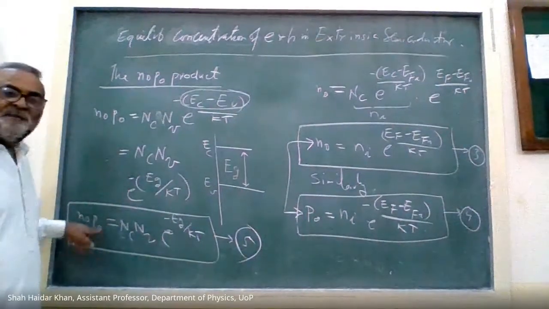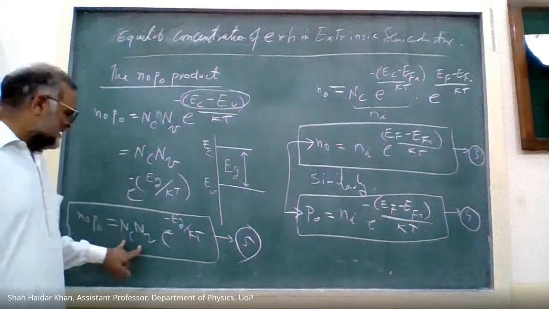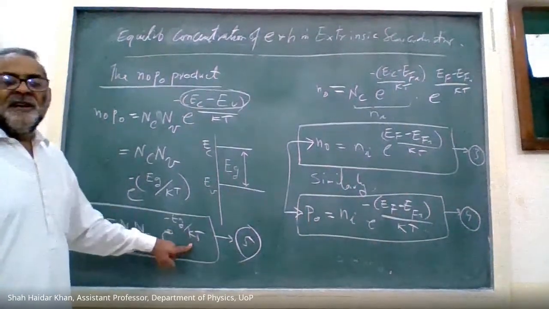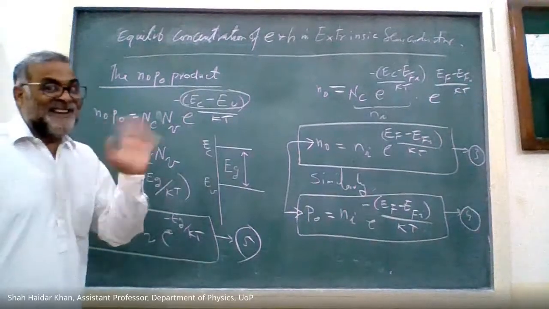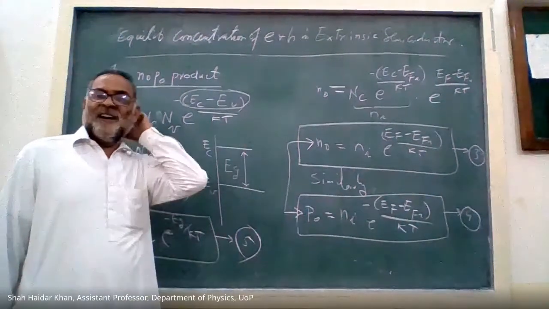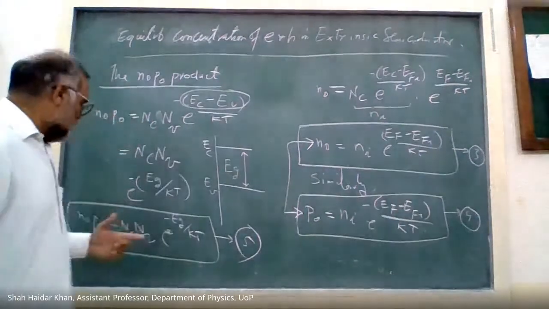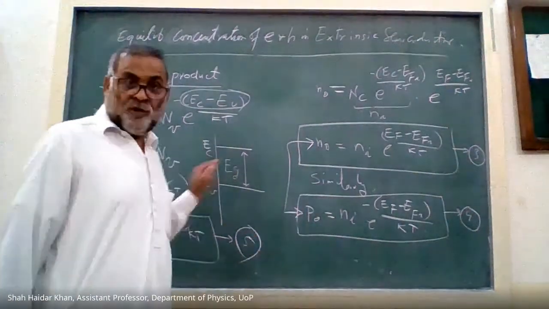This N naught P naught always remains the same. It is a function of NC and NV and the temperature and the band gap energy. It does not say anything about the donor impurities or the acceptor impurities. So this is an important equation. We can use it later on. We should keep this in mind.